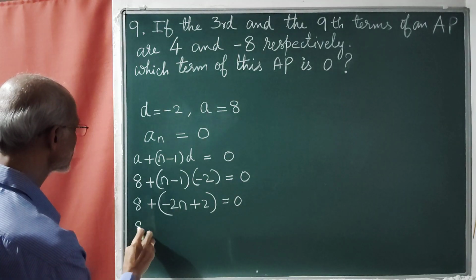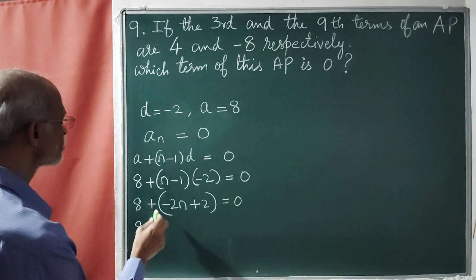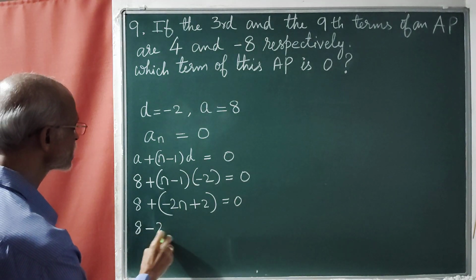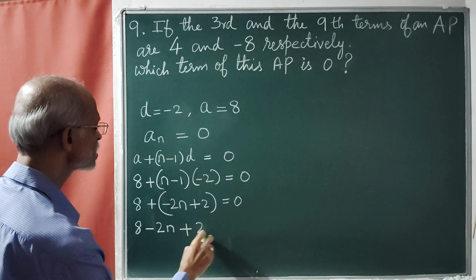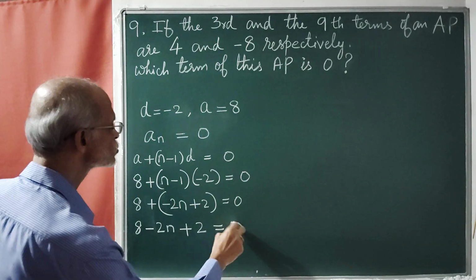So I will open the bracket: 8 minus 2n plus 2 is equal to 0.